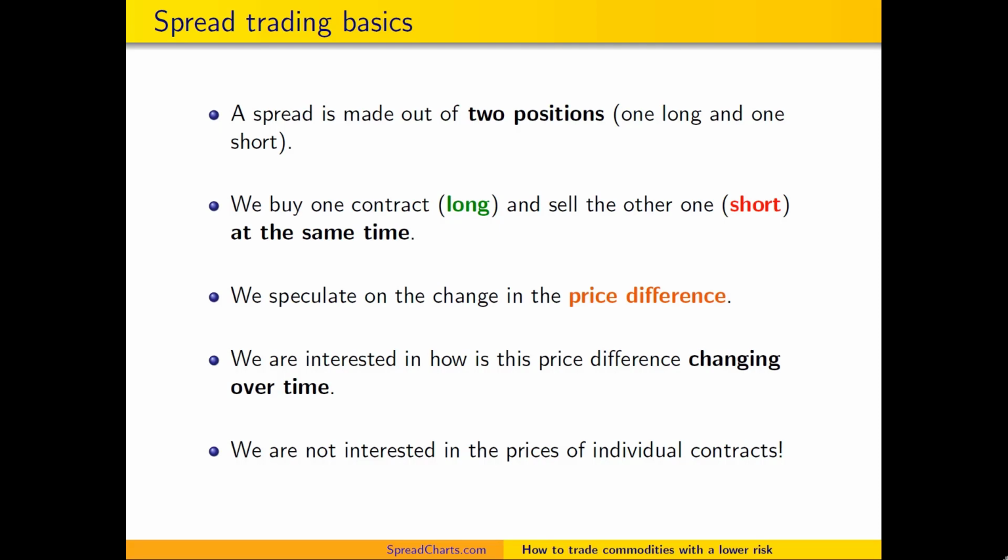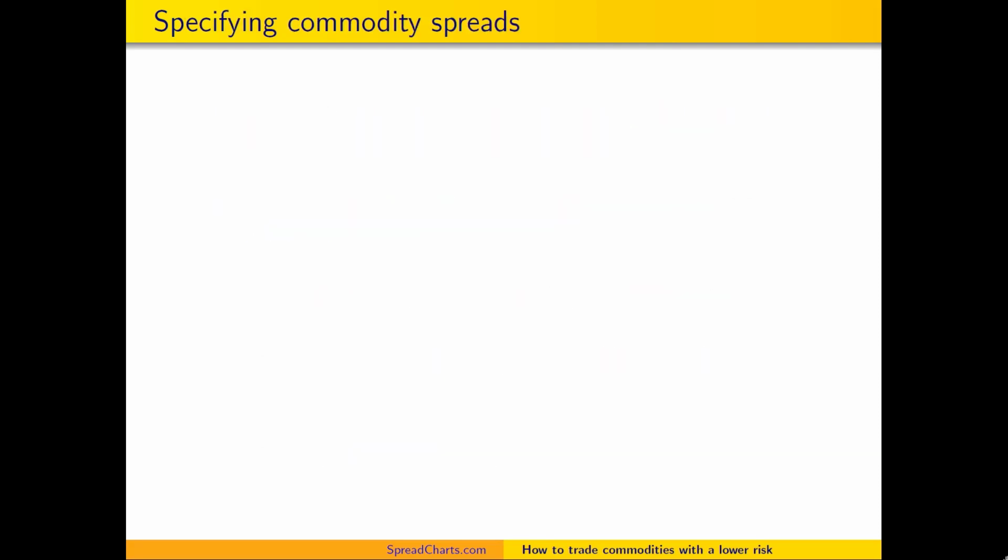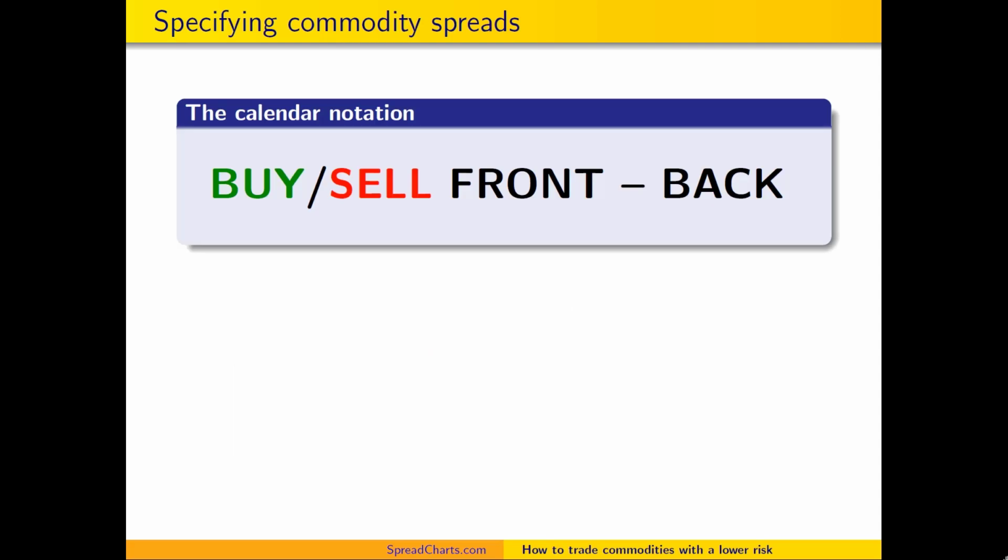The first one is called calendar notation. As its name implies, it is based on the expiration date of the legs of the spread. I try to express it using the formula here. We always write the closer expiration first and the more distant expiration second. The near expiration doesn't have to be the front contract, which is the first expiration contract.